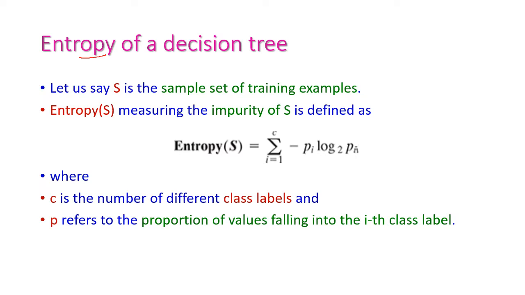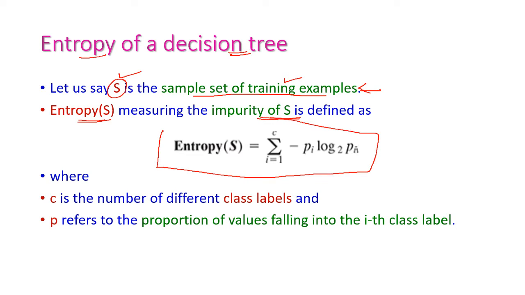First, let us compute the entropy of decision tree. Here S is nothing but the sample data set or training data set, the training examples given in the problem, and we need to find the entropy of S, that is measuring the impurity of S, which is defined as entropy of S equal to summation of i equal to 1 to c of minus Pi log Pi base 2.